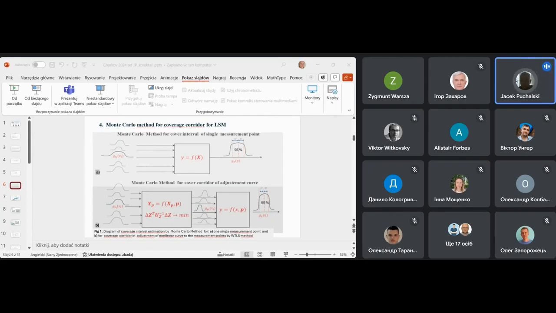So if you have all distributions, you can easily find the coverage region for given x. So if you want to obtain the whole coverage corridor, you can calculate it at any point of x. But sometimes it's not easy.